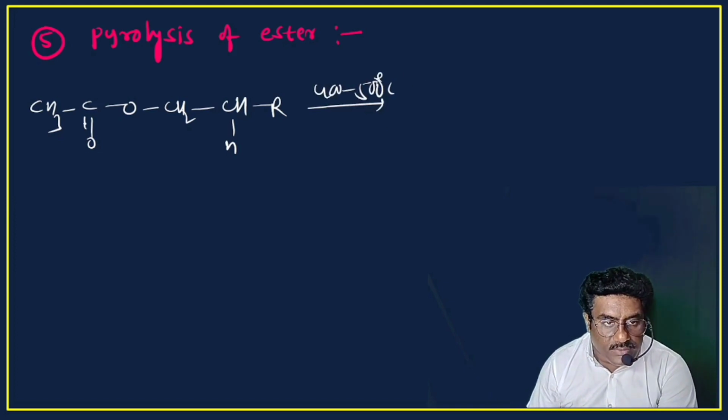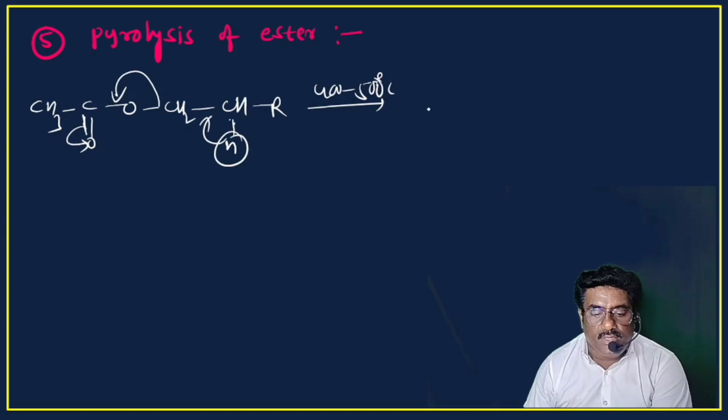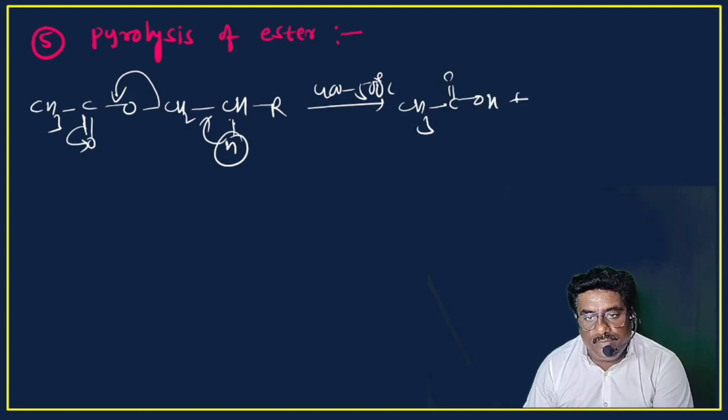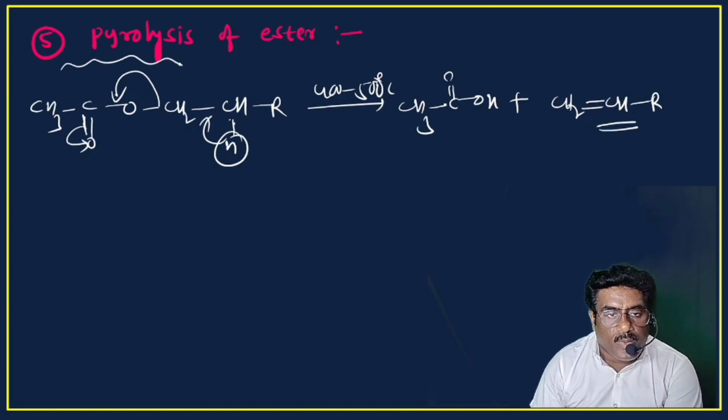The pi bond is shifted to oxygen, and this bond is shifted, and again this one is shifted to this side. It forms CH3COOH plus CH2 double bond CHR. This is the pyrolysis of ester.